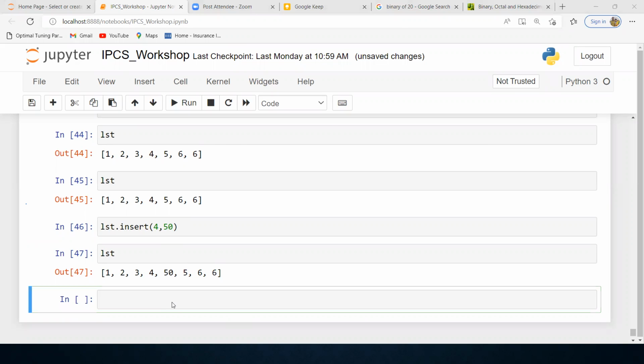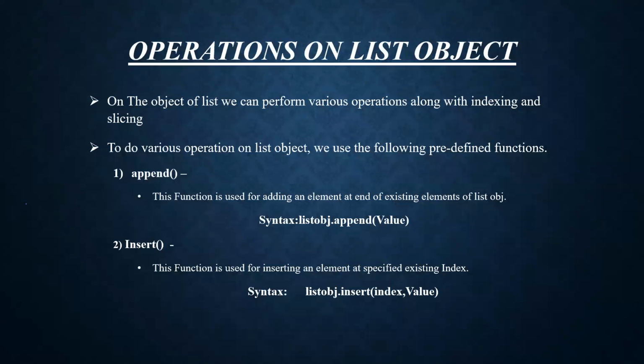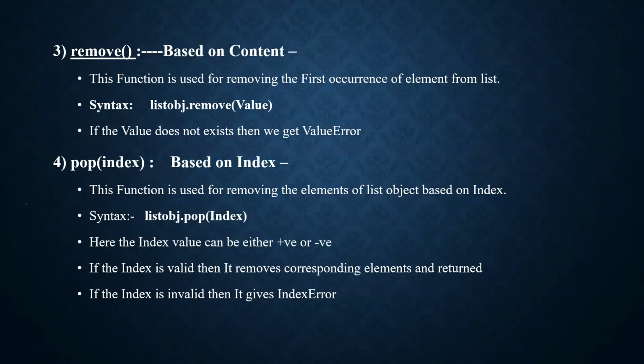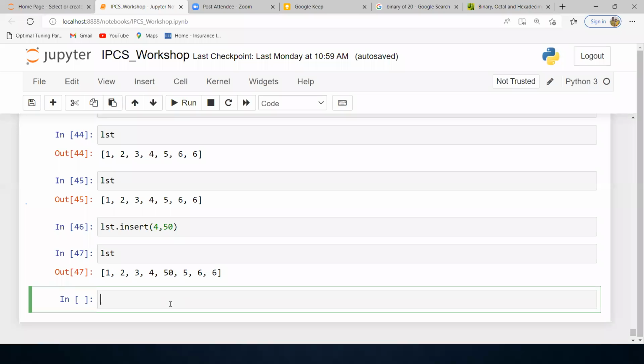Now after this we have the remove function. Remove takes a particular value, meaning the first occurrence. This function is used for removing the first occurrence of an element from the list. For example, here we have 2 6.